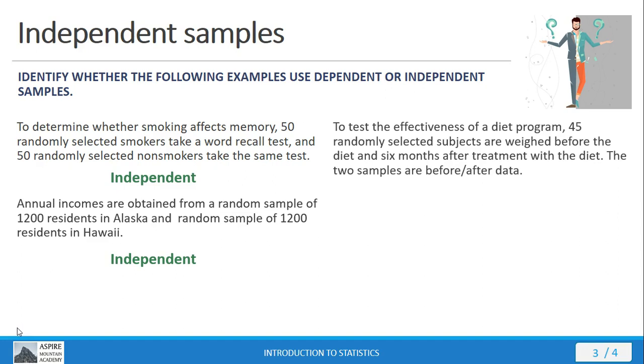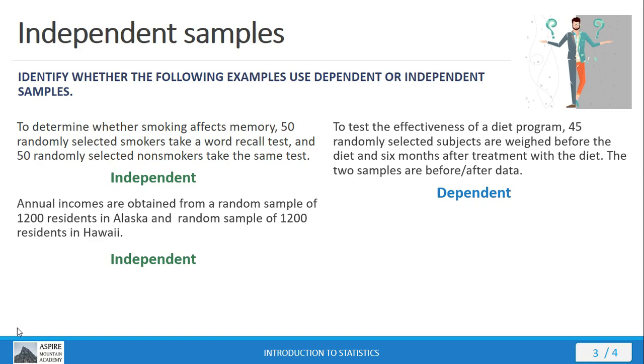How about this one? To test the effectiveness of a diet program, 45 randomly selected subjects are weighed before the diet and 6 months after treatment with the diet. The two samples are before and after data. What say you? Dependent or independent samples? Well, I hope you said dependent samples.